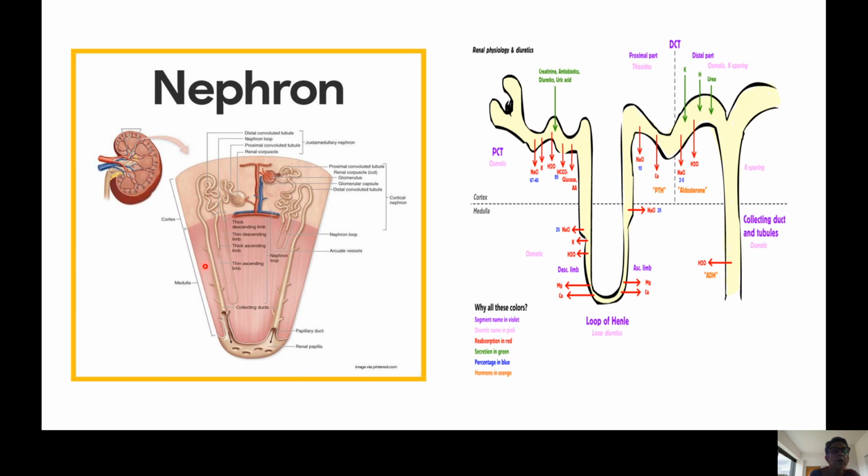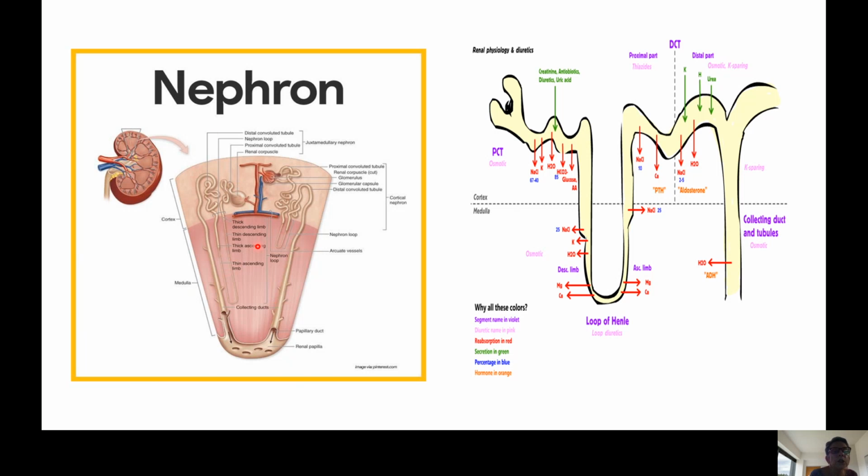Basically you've got the afferent blood flow coming into the renal system, and then it gets filtered through the glomerulus. The best way to do this is to see everything flowing through the nephron itself.